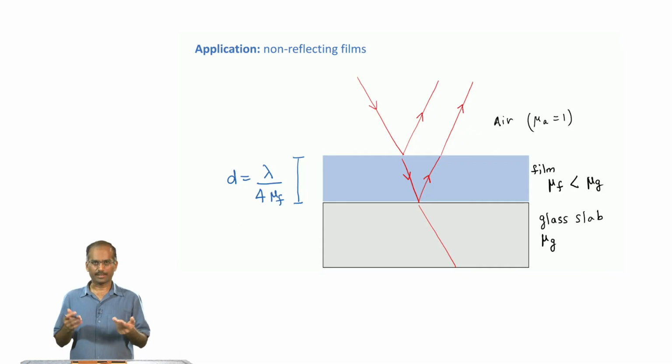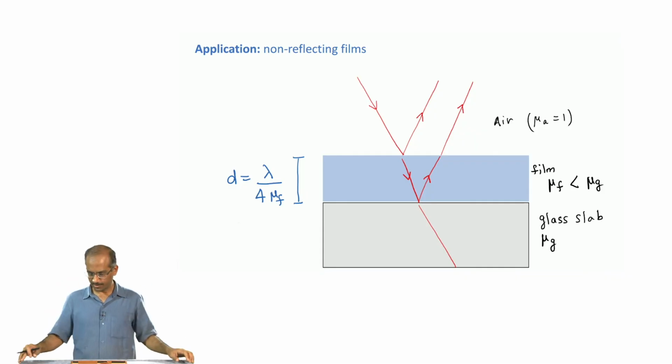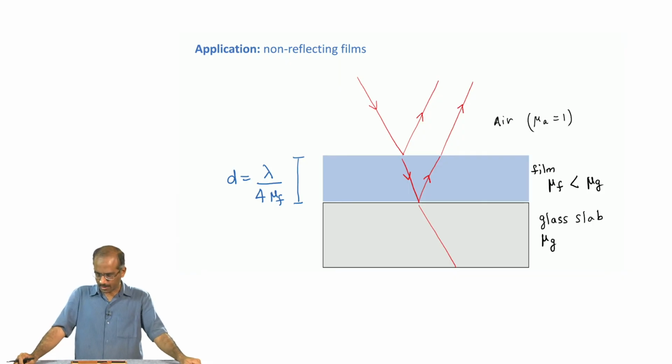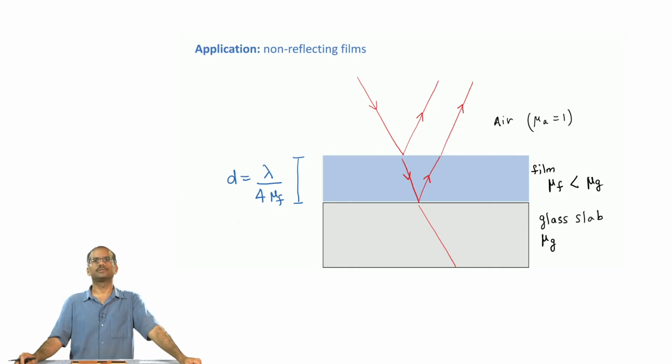The sizes here are exaggerated, but really it is a thin film, and the refractive index of this thin film is assumed to be smaller than the refractive index of the glass material. And then on top of it, of course, is air, whose refractive index we take to be 1.